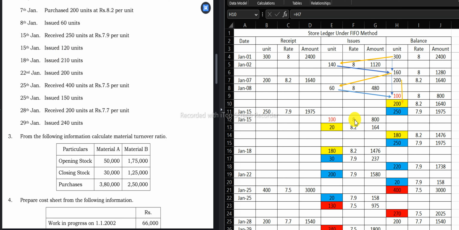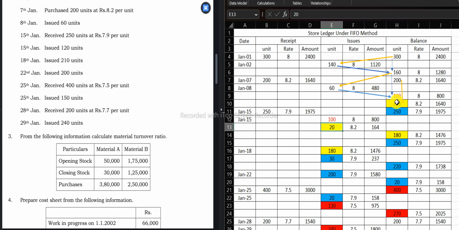Okay, we are going to issue how many units here? 120 units. Now we are having three balances. One is 100 units, second one is 200 units and third one is 250 units. I need to issue now 120 units. Out of this 100 I cannot issue 120 units, so first I'll issue 100 units only, then remaining 20 I'm going to take from the 200.